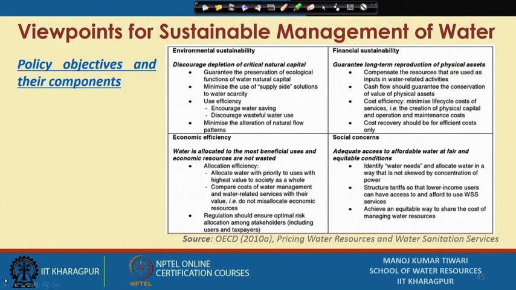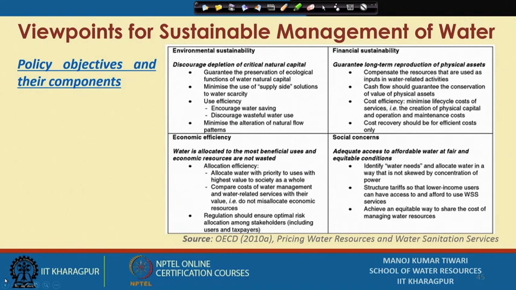For a society, the most basic use of water is the fulfillment of domestic demands: drinking, cooking, maintenance of our body, bathing and all this stuff. That is probably the highest value use in terms of society.